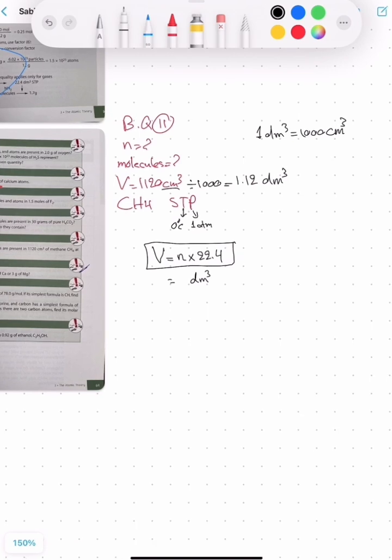Then, can you use this rule? Yes, we can. What do you want? Number of moles, which will be volume over 22.4. So volume is 1.12 cubic decimeters over 22.4, and you'll get number of moles, 0.05 moles.